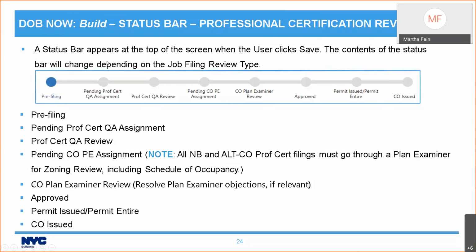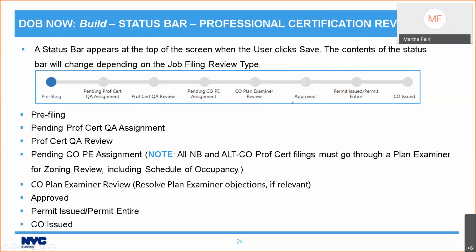New building and Alt-CO initial job filings must go through a plan examiner for zoning review, including review of the schedule of occupancy. So after the QA review is done, it's going to be sent over to the zoning review group, which is just referred to here as the CO group, COPE assignment, and CO plan examiner review.